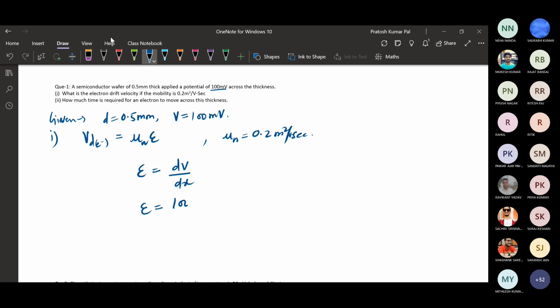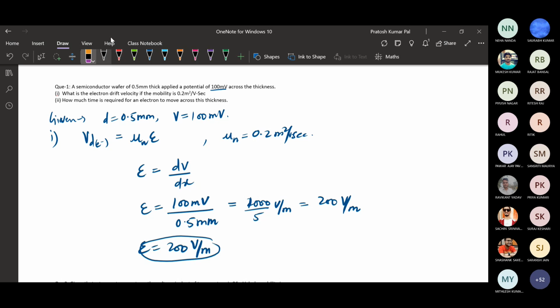So here 100 millivolt divided by 0.5 millimeter, which will be 1000 divided by 5 volt per meter, equals 200 volt per meter. So the electric field is 200 volt per meter.